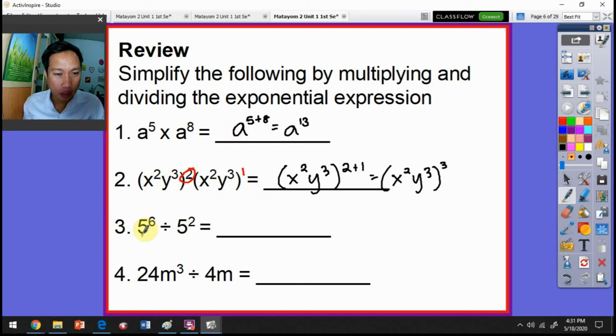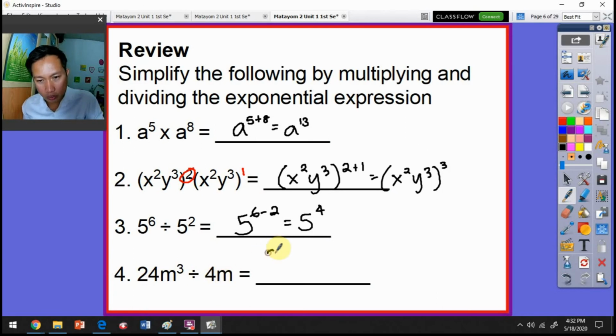All right, so let's look at number 3. We have 5 to the power of 6 divided by 5 to the power of 2. Now this is divide, so we subtract the two exponents. So 6 minus 2 is 4. And we have 24m to the power of 3 divided by 4m.